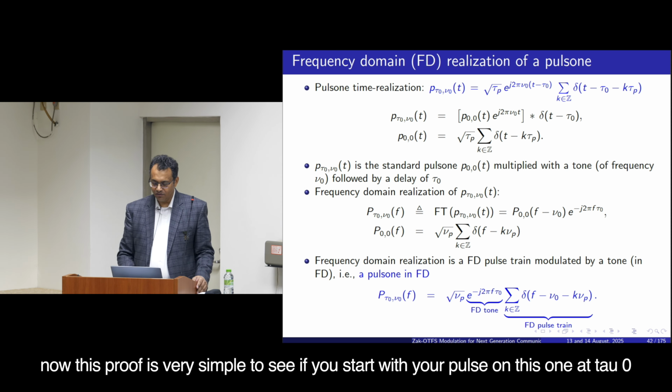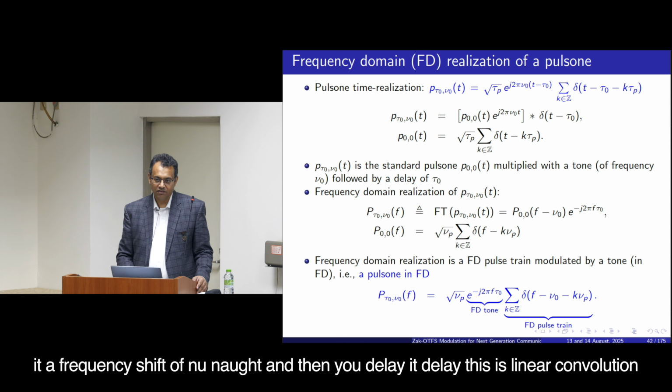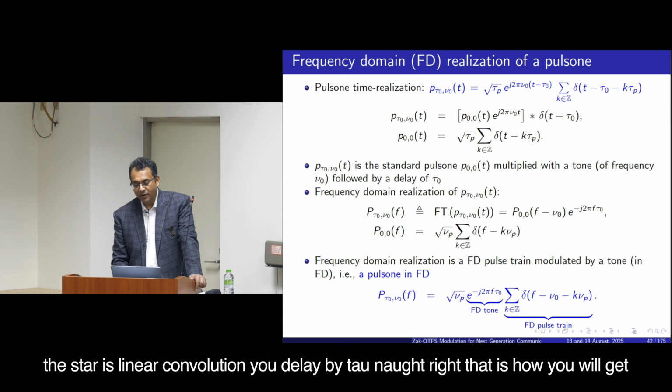If you start with your pulson at tau 0, nu 0, you can write it like this. You take the standard pulse train, you first give it a frequency shift of nu naught, and then you delay it. The star is linear convolution. You delay by tau naught, right? That's how you will get this. It's very easy to check.